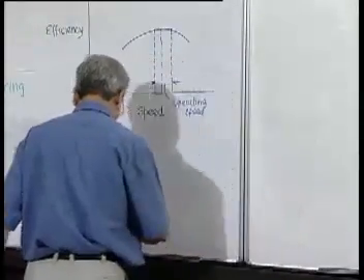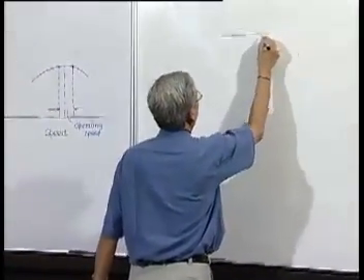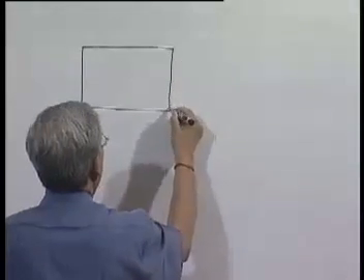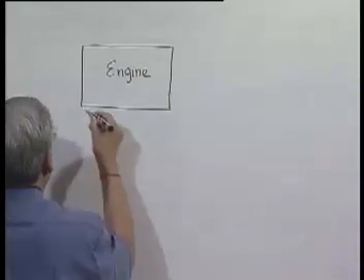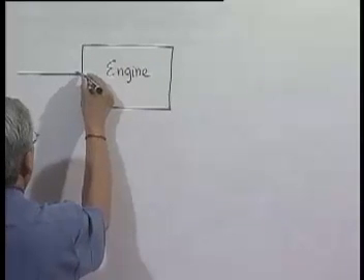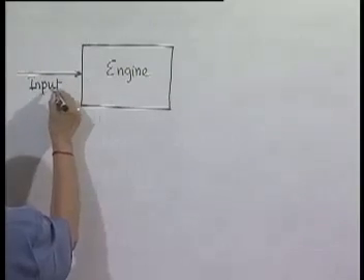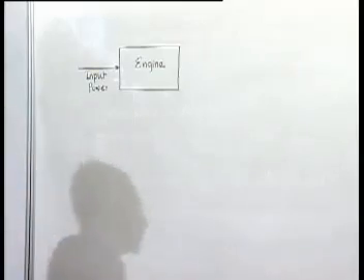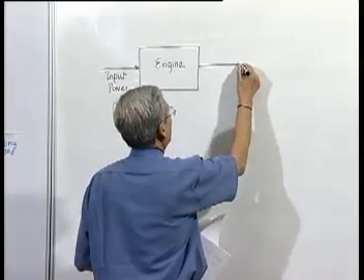In a schematic form, an engine, or in general a mechanical system, let us say, and there is input power in the form of heat or whatever it may be in case of an engine, and we get output power.